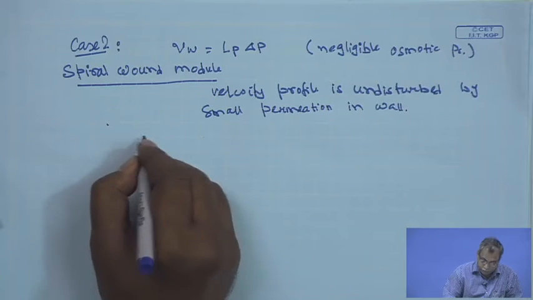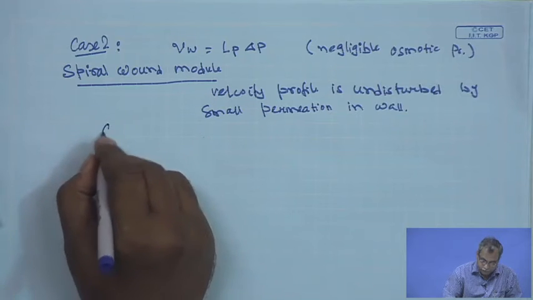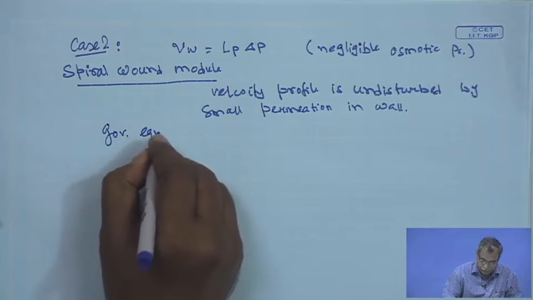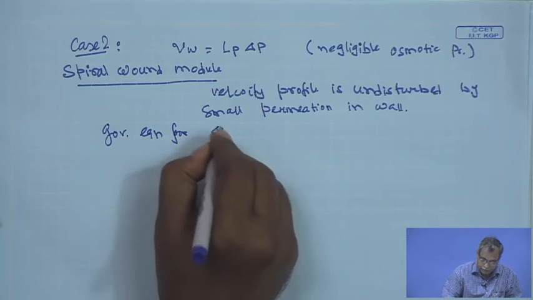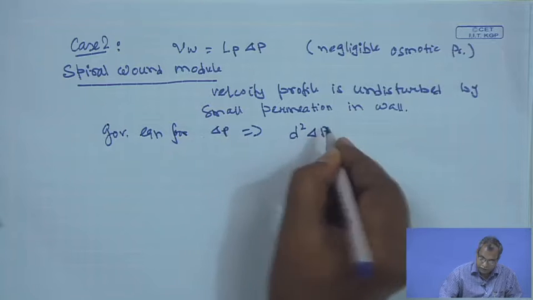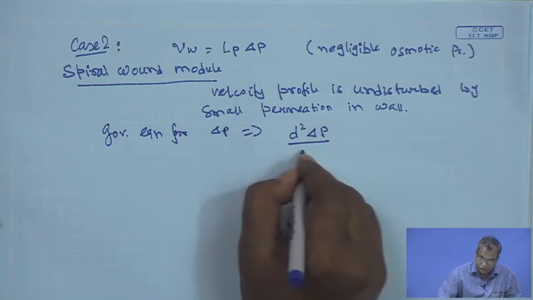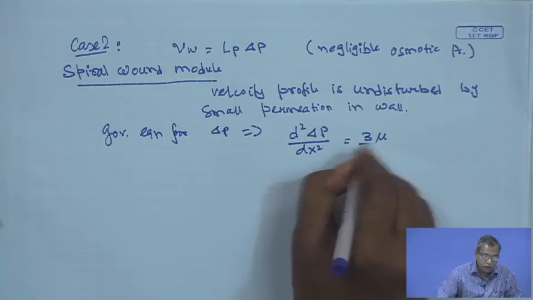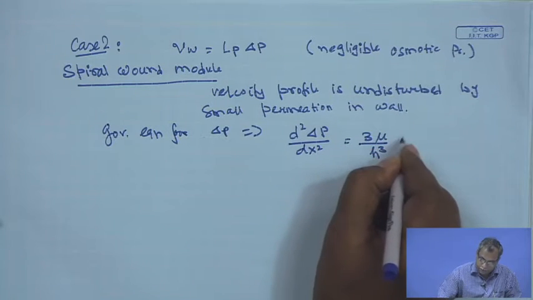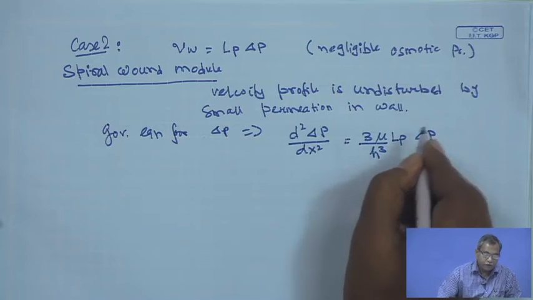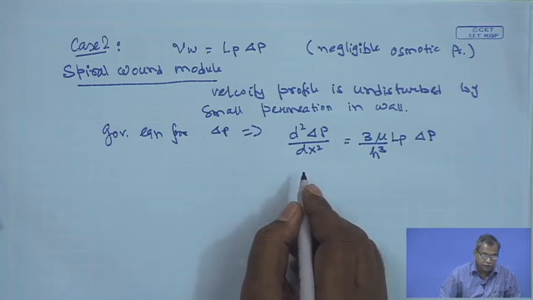So, the governing equation for transmembrane pressure drop, or axial pressure drop, delta p remains the same. We have seen in the last class that d square delta p by dx square is equal to 3 mu by h cube times V w, but in this case V w will be nothing but L p delta p, where L p is the membrane permeability.